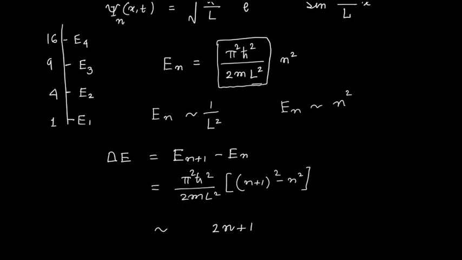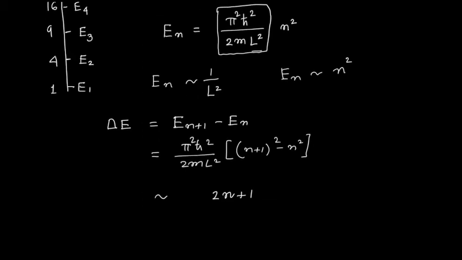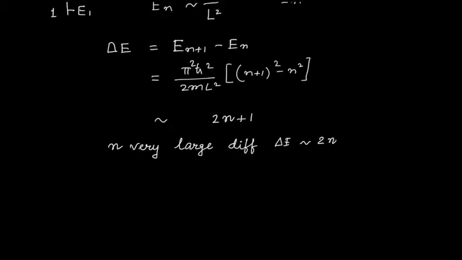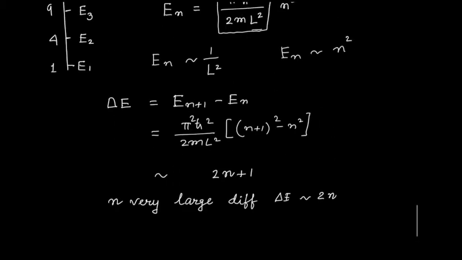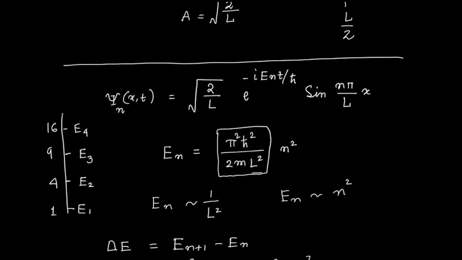So delta E goes as n, or delta E goes as 2n. If n is very large, the difference delta E goes as 2n.